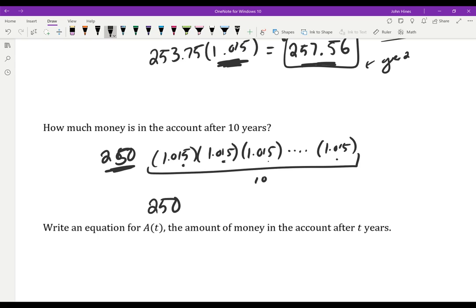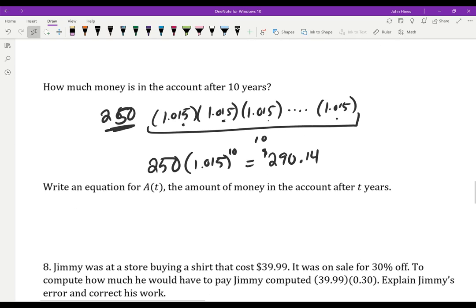Well, I'm pretty sure repeated multiplication becomes an exponent because I have 10 of them. So that's what I'm going to type into my calculator. And this is how percentages become related to exponential functions. I would have 290.14.